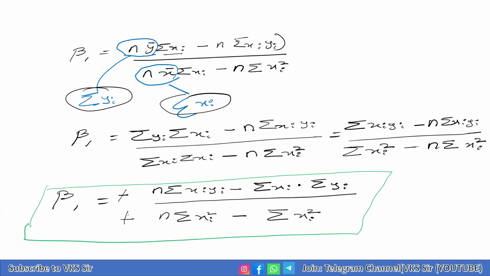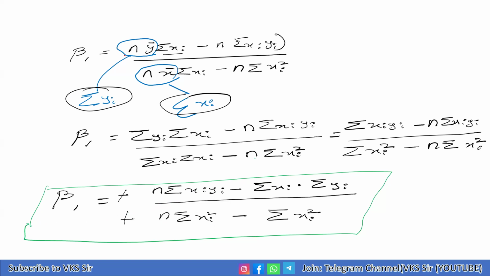And now you can say that finally we have the coefficient in the linear regression model using the ordinary least squares method. These two are the formulas with the help of which you can find the intercept value and the coefficient value.